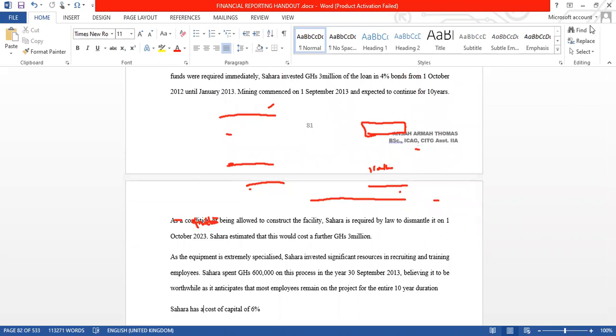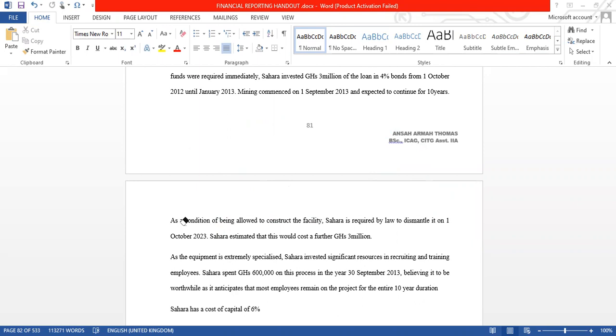The question goes on to tell us more. It says that as a condition of being allowed to construct the facility, Sahara is required by law to dismantle it.